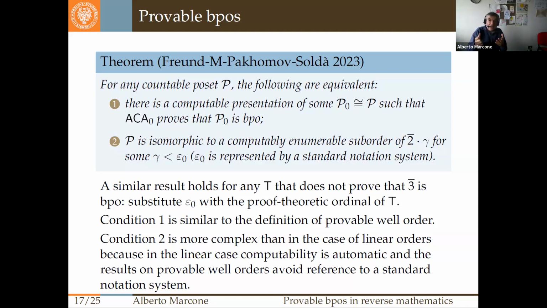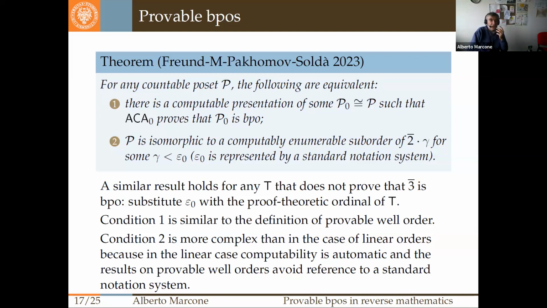The first element which is not in there. While here we have to ask for computability, because by taking a suborder and choosing where there is a real antichain with 2 elements and where there is just a single element, you can code complicated things in there. So it's not true that any P which is a suborder of 2 bar times gamma is actually a computably enumerable copy, because it could code inside itself, by alternating these 2s and 1s, something like 0 prime or something like that.